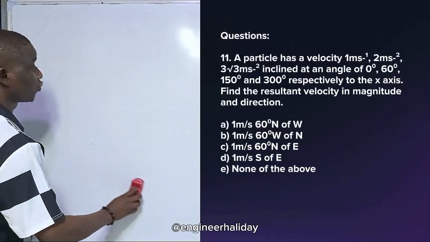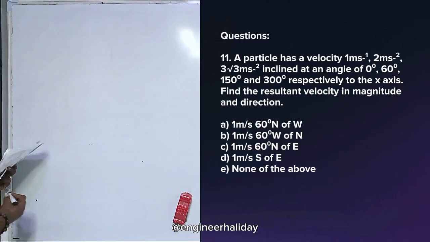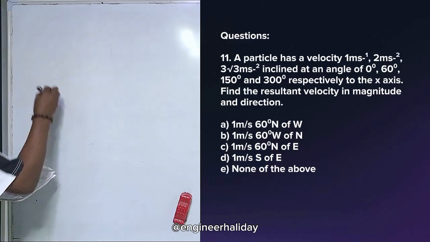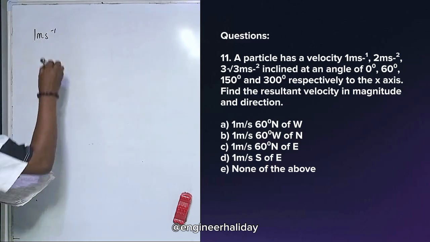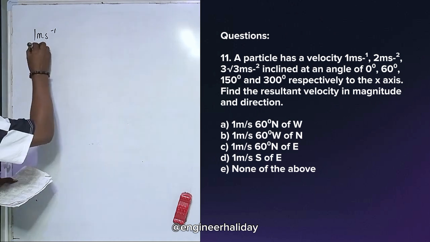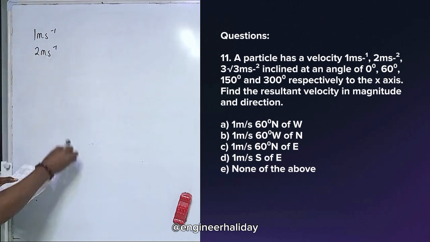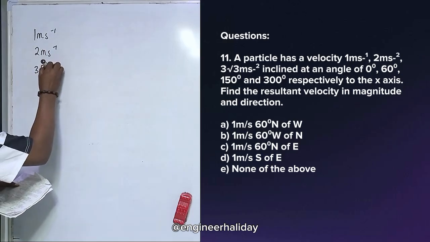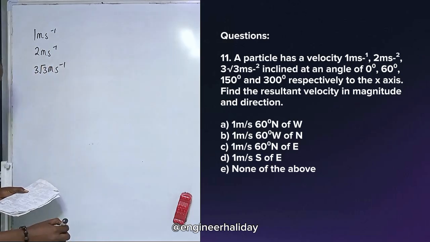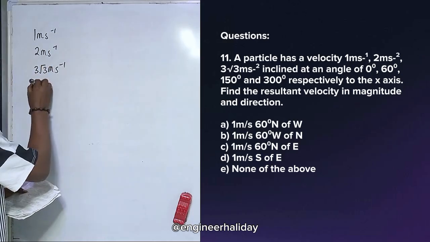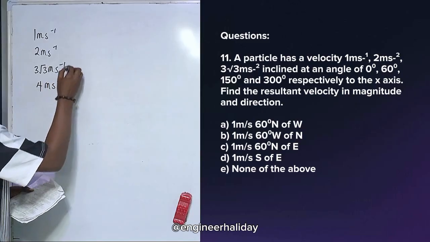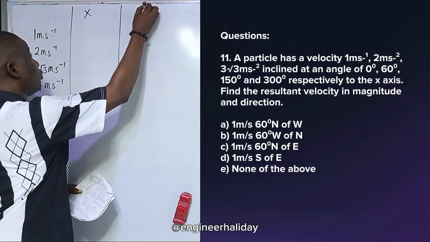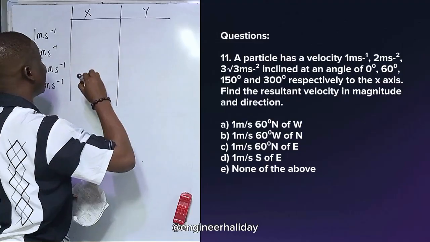If you want to solve this one, the first one is 1 meter per second, 2 meter per second, the third one is 3 meter per second, then the fourth one is 4 meter per second. Those are the x components, then we have the y components.